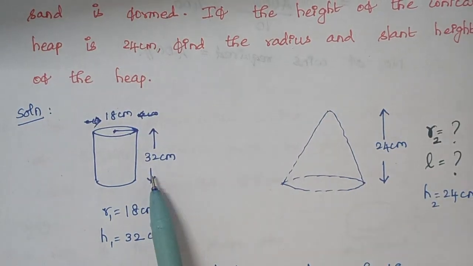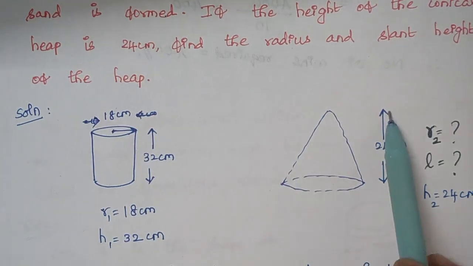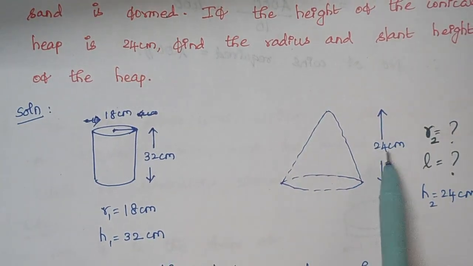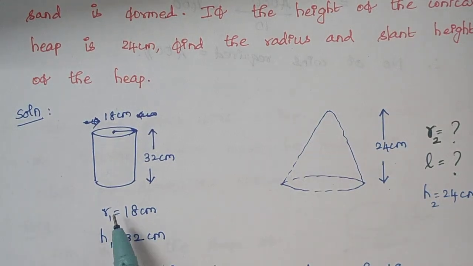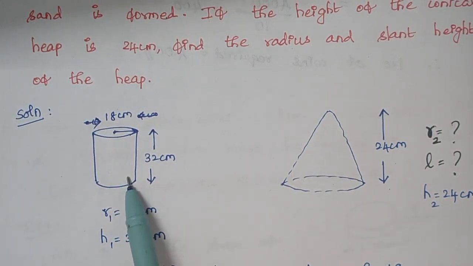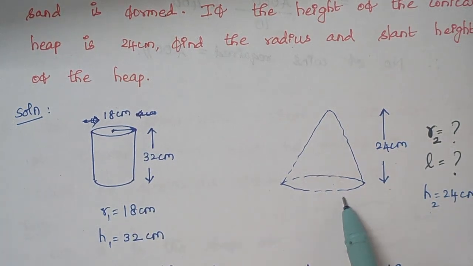For the cylindrical bucket, the radius is 18 centimeter and the height h1 is 32 centimeter. And for the cone, the height h is given, it is 24 centimeter. So again let R1 and H1 be the radius and height of this cylindrical bucket and R2, H2 be the radius and height of the cone.